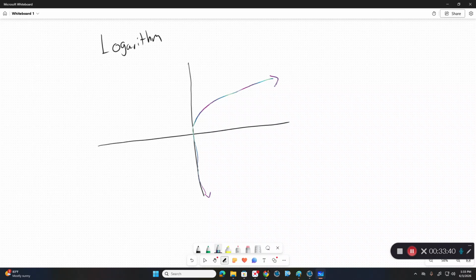It looks like this. A logarithm typically has a vertical asymptote, but no horizontal asymptote. And by that I mean it seems impossible.